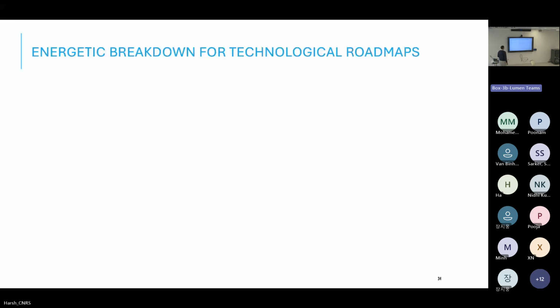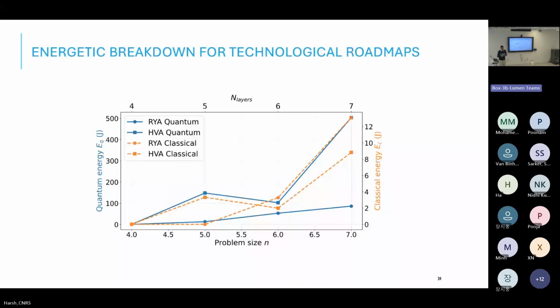We also did a breakdown of how much of this energy consumption is classical versus how much of it is quantum, using the tools that we developed before, just to give an order of magnitude of how much, percent-wise, is classical versus quantum.